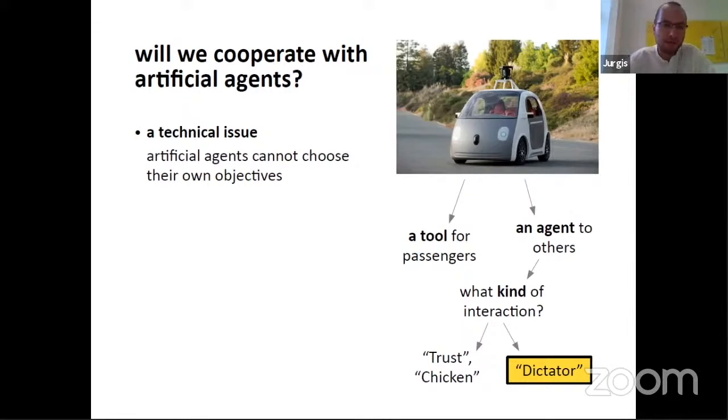So in a road game such as Chicken, this might be the attainment of mutually beneficial outcomes that are good for it and other human traffic participants on the road. Or it might be the pursuit of selfish outcomes, for example, the speediest delivery of its passengers. It might even be tasked with the speediest delivery so long as nobody else gets hurt.